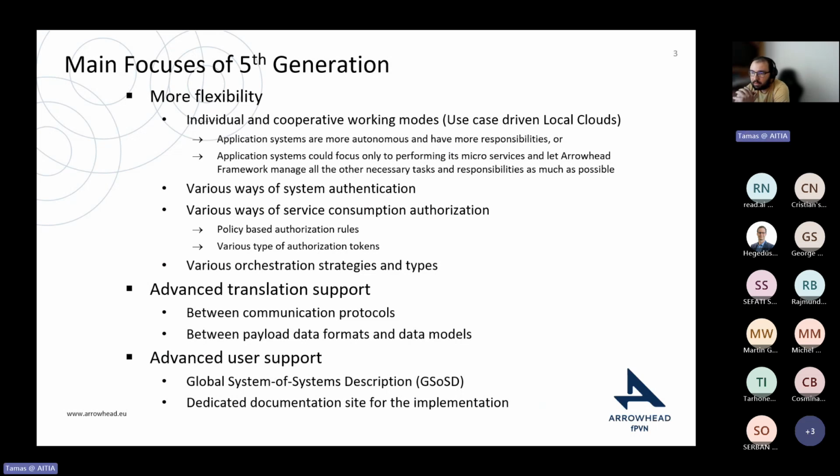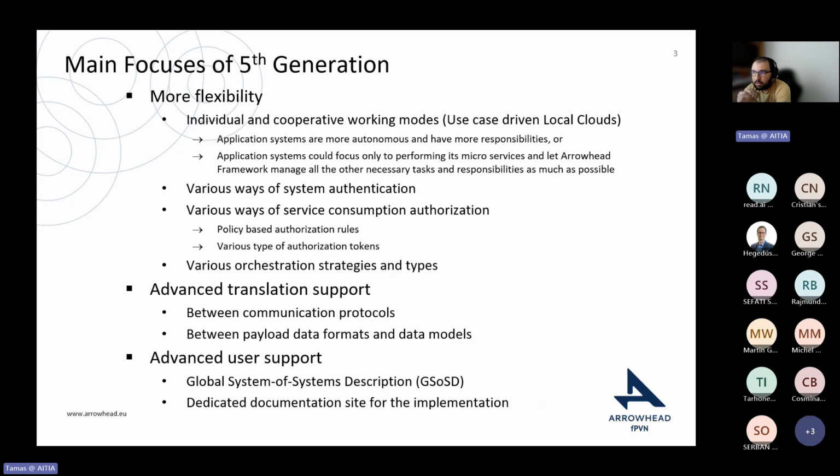The features that version 5 will offer you. So we have really a lot of changes compared to version 4. And one of the main focuses that we had during the specification phase is that Arrowhead 5 should be much more flexible. And a couple of things that target this goal are listed here.